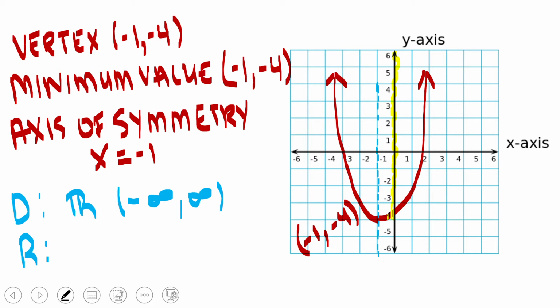And it stops at -4. It does not include anything on the y-axis below -4, but it can infinitely include anything on the y-axis above -4 and including -4. So we say that in set notation. The range is the set of y such that y is greater than or equal to -4.